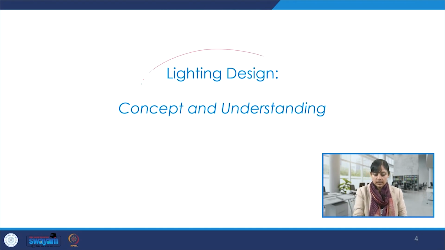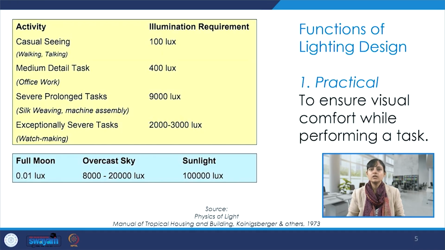So let's start with lighting design and broadly try to understand the concepts related to lighting design when we talk about interior design projects. It's important to understand the functions of lighting design.